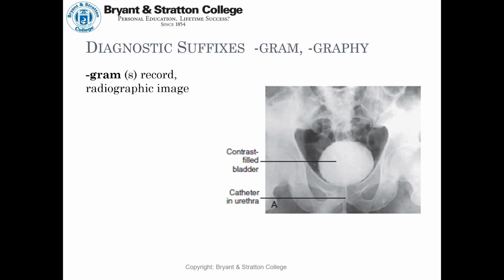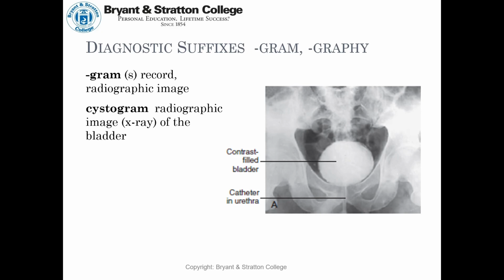So what you see here in this picture, we have an X-ray, and via a catheter in the urethra, the bladder has been filled with some sort of substance that allows us to see the actual bladder itself, and we can get an idea of any deformities, as well as an idea of the volume of the bladder, etc. So again, remember, a gram is the recorded image.